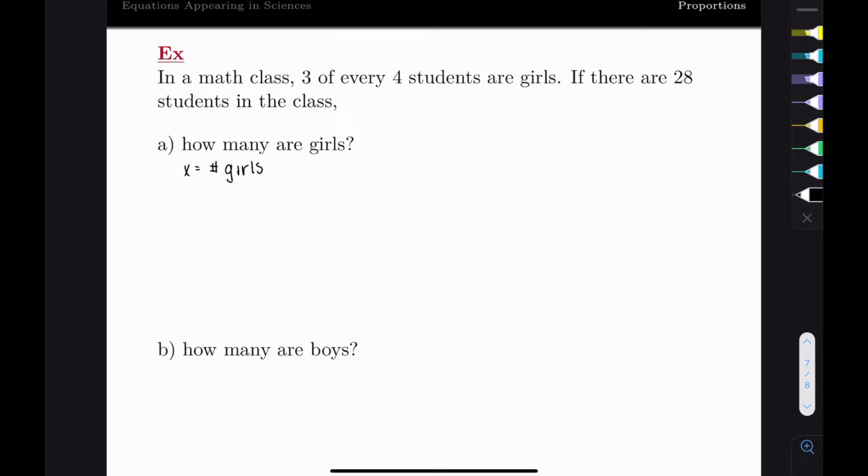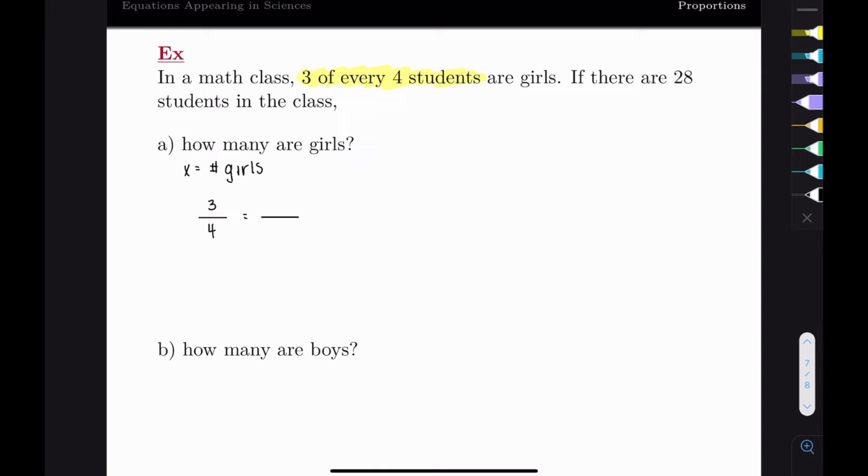Okay. So I want to set up some kind of proportion. So we're setting up really 2 fractions equaling each other. And you have a ton of options as to what you put in each spot. But this one ratio they give us is every 3 of 4 students are girls. So I definitely want to set up a ratio involving that 3 to 4.